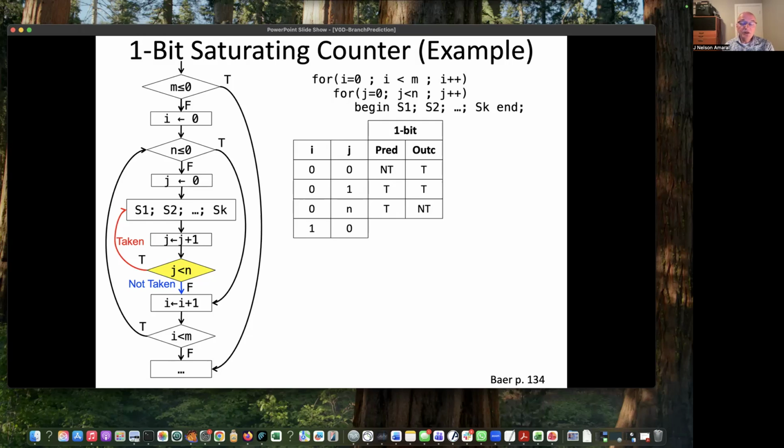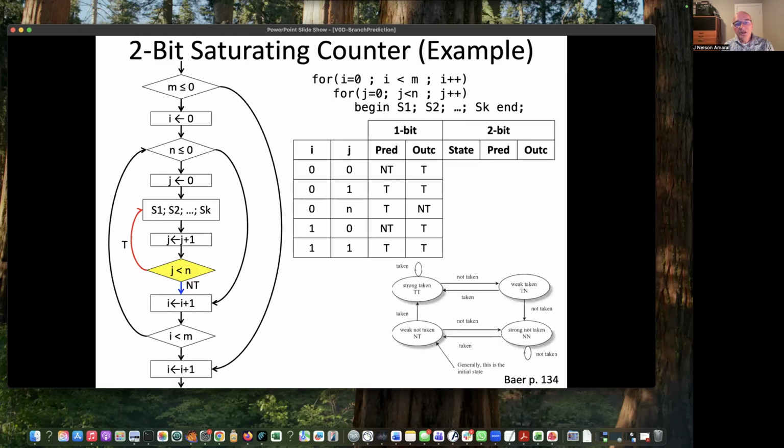My last execution of this branch was not taken, so I'm going to predict this branch to be not taken. But of course, this branch will be taken because I'm back at the beginning of the loop j. And then from there on, the predictions are correct until I get to the end of the loop. So if I consider all the executions of loop i in this case, I will have 2 times m mispredictions, where m is the number of times that the loop i is executed.